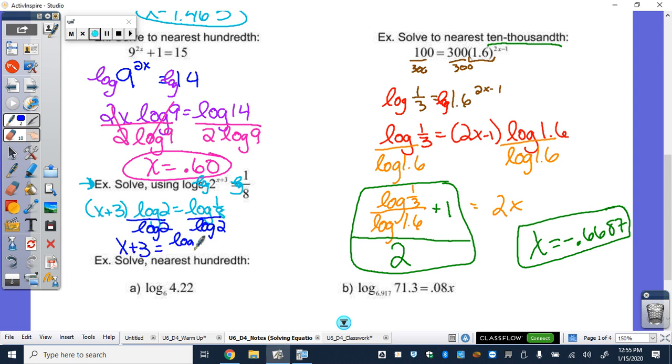So after we divide by the log of 2, what do we do with that 3? Subtract it, because it was plus 3, so we want to subtract it over. So type that in, the log of 1/8 divided by the log of 2 minus 3. Doesn't look like an 8, but that's an 8.